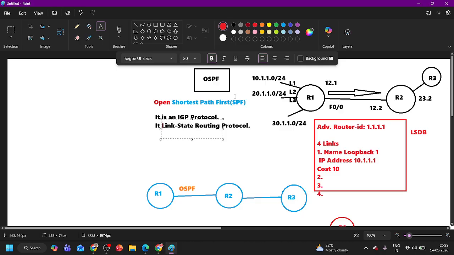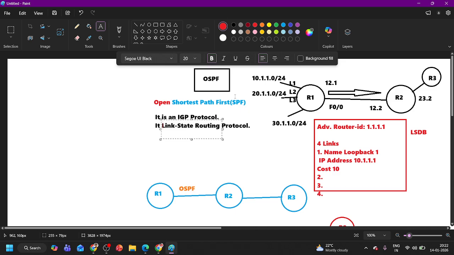So link state routing protocol calculates the best path based on link properties, not based on distance. In distance vector routing protocol, the shortest path will always be the best path, no matter what the link properties are. That was the disadvantage.